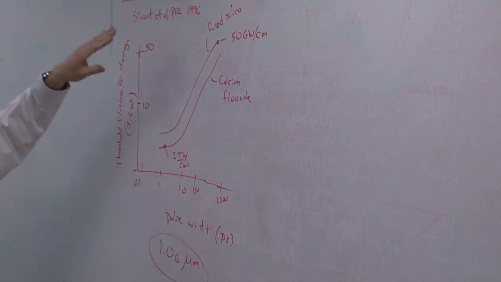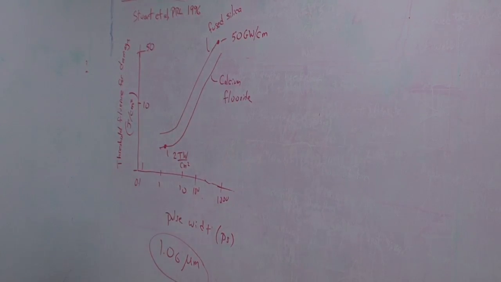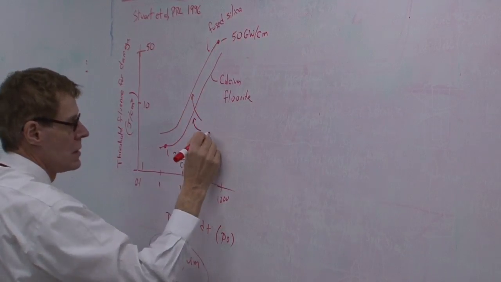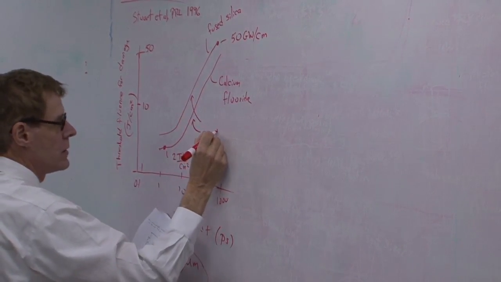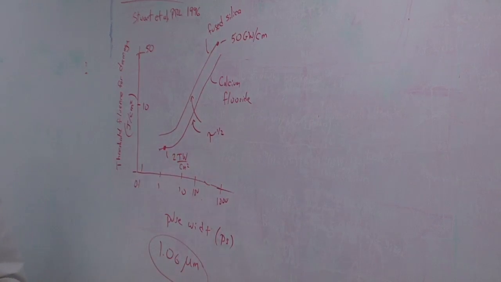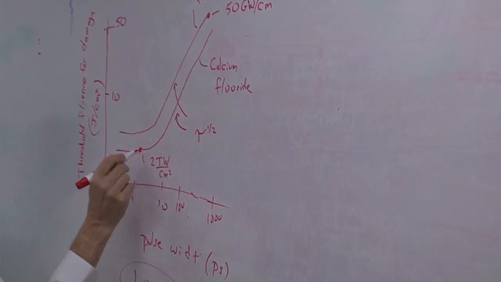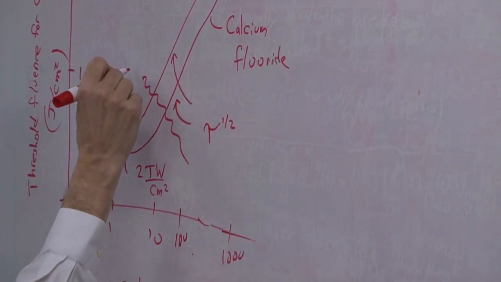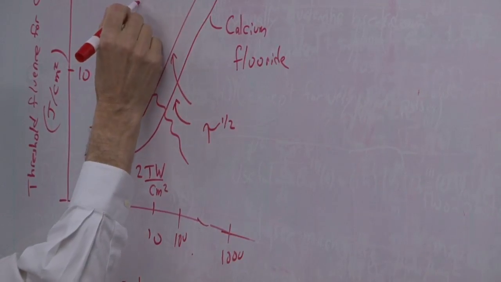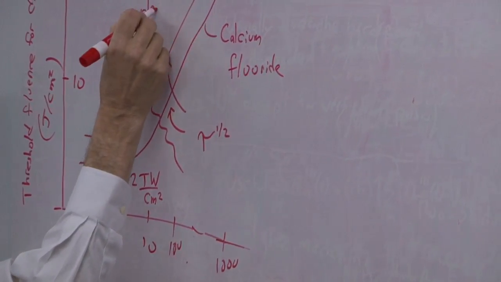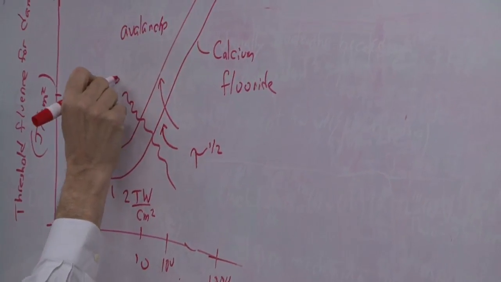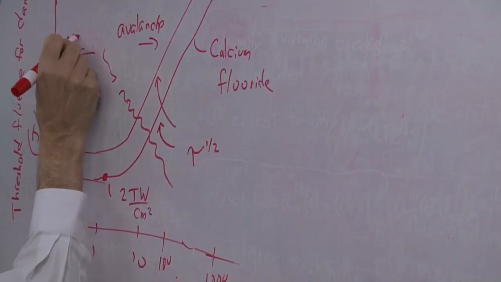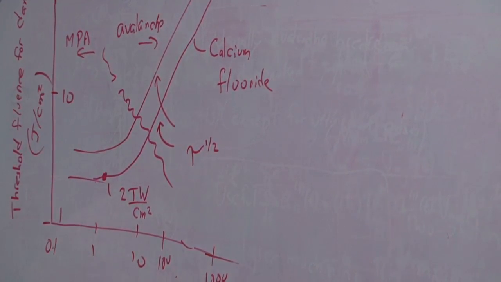But look at this trend here, how it changes with pulse width. In both cases, they go as pulse width to the 1/2 power, and then they level off. This region here is avalanche, and this region here is multi-photon absorption.